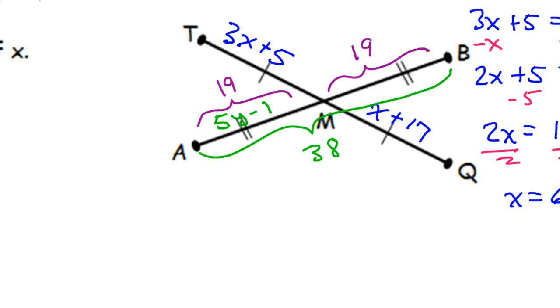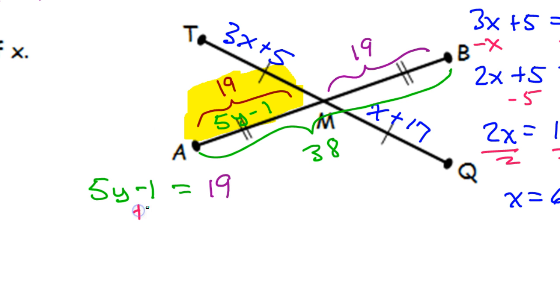Okay, but looking at this aspect of it, there's an equation here. We've got this distance is 19, and it is also 5y minus 1. So in other words, we can make the equation 5y minus 1 should equal 19. So it's a matter of solving this equation.